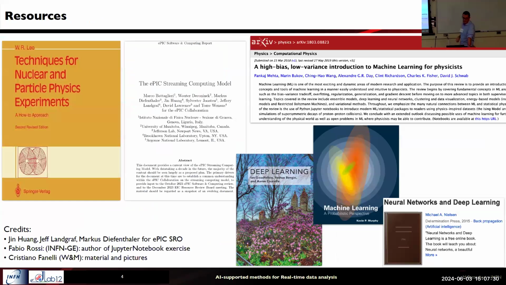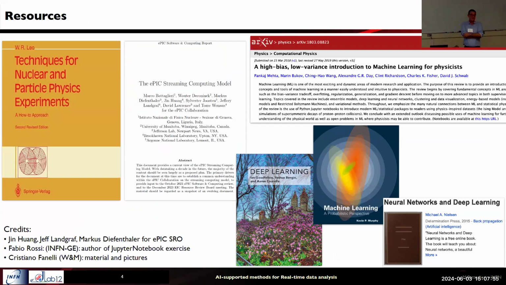Okay, so the resources that you are suggested to look at include very classical books in experimental nuclear and particle physics that, despite being probably 20 or 30 years old, still have the basic ingredients of any detector.